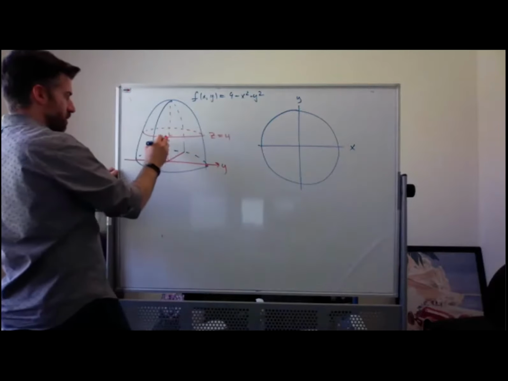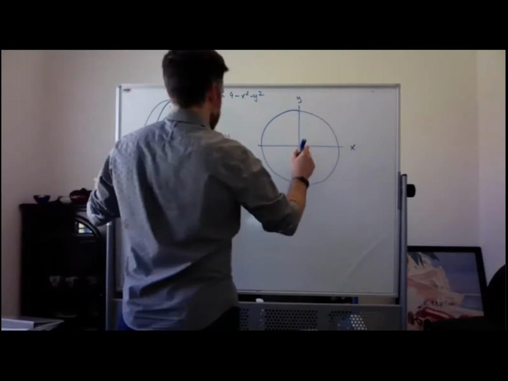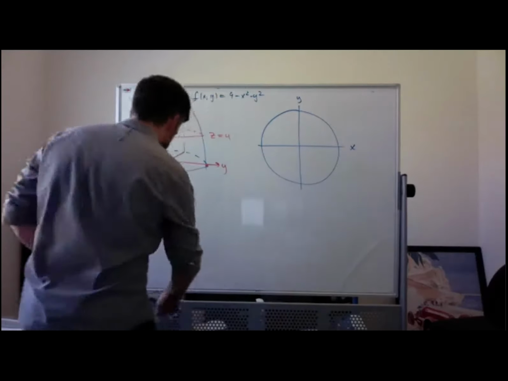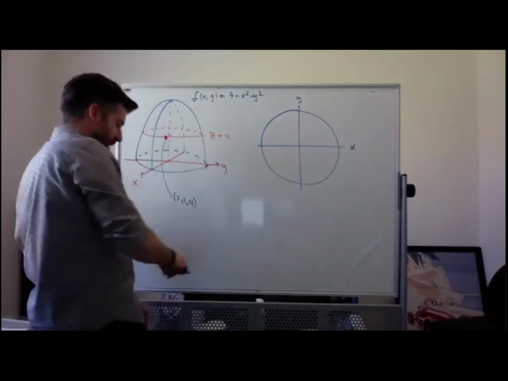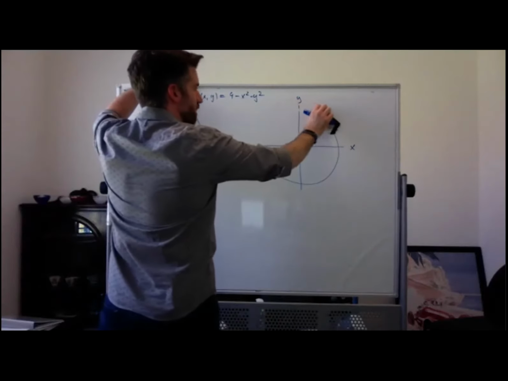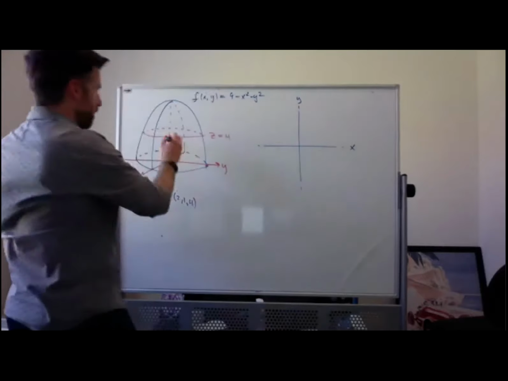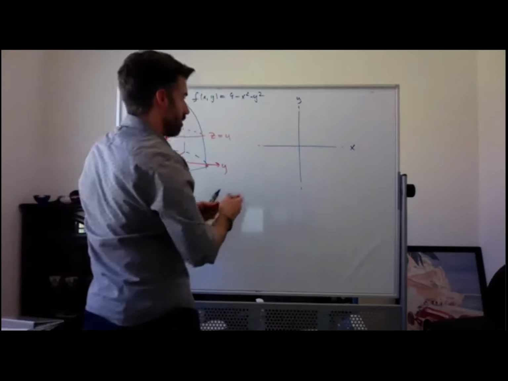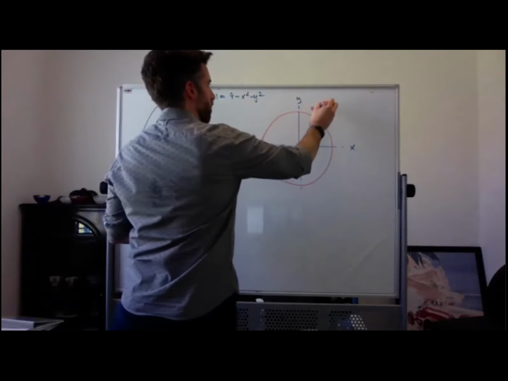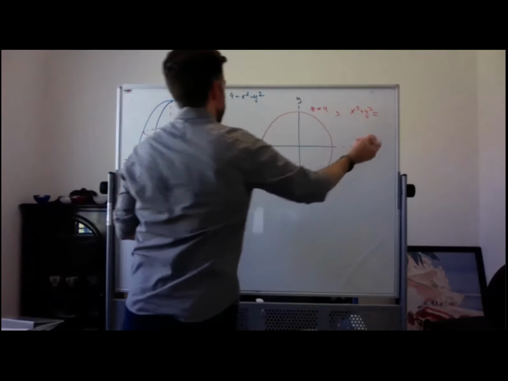So here's the two-dimensional xy plane. And if I'm at the point 2, 1, 4, I'm going to draw it in red. I know it doesn't really make a difference, but I'm really thinking of being on this level curve when z equals 4, which is x squared plus y squared equal to 5.